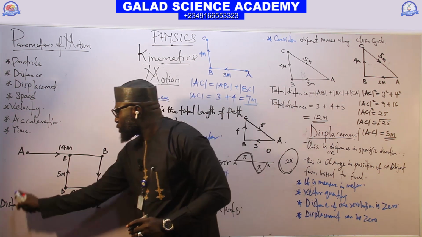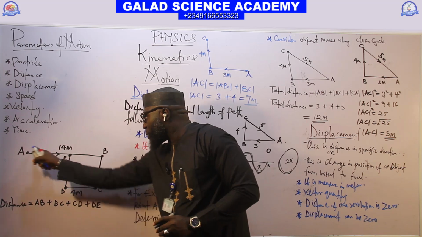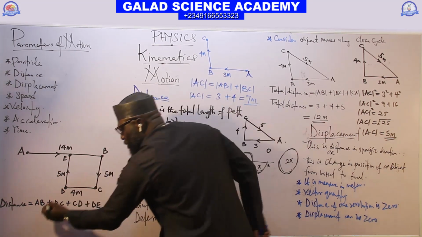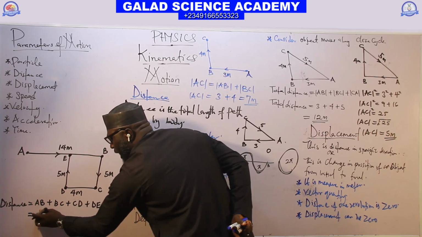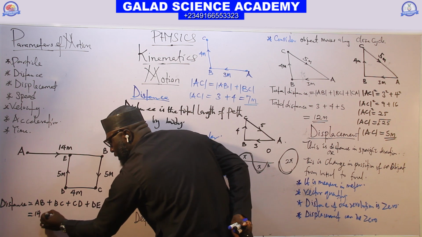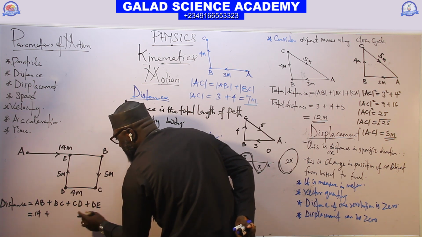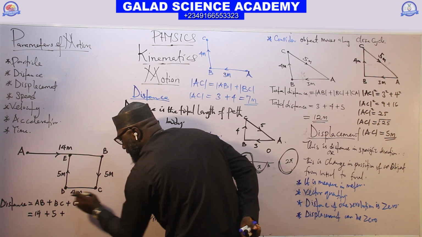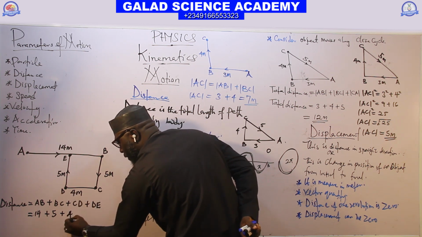So you have to calculate the total distance covered from A to E. Here, substitute for each value. A to B is 14. BC, we have 5. DC, we have 4.